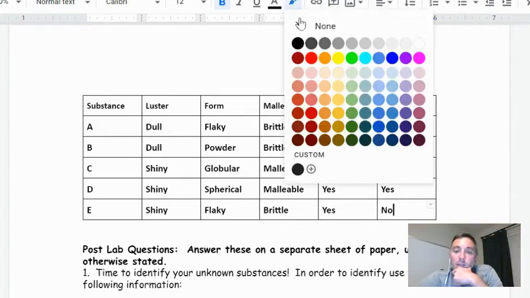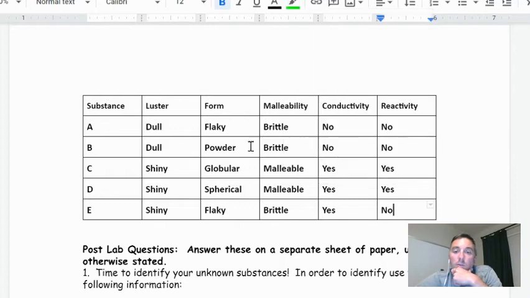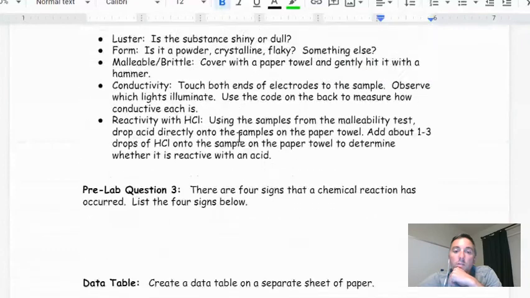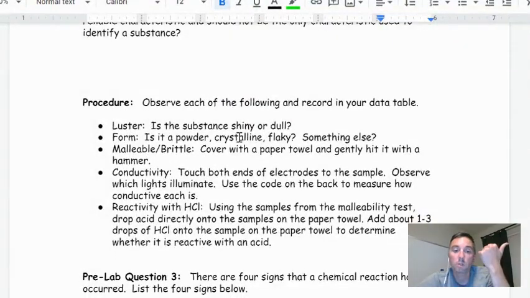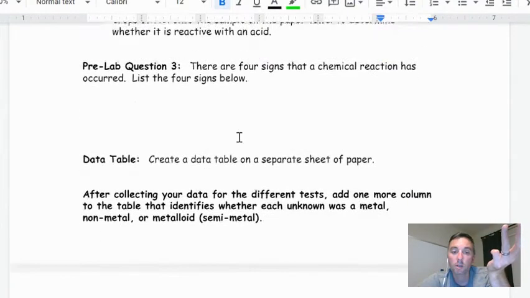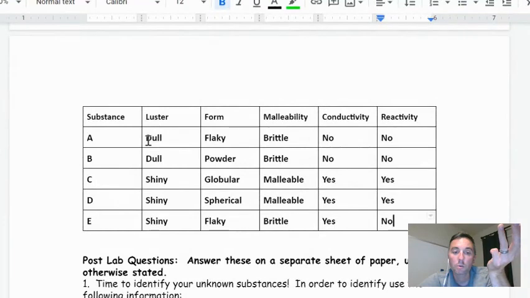I'm going to highlight in green anything that is a non-metal characteristic. Our non-metal characteristics: these things were dull, they were brittle, they did not conduct, and they did not react with acid.